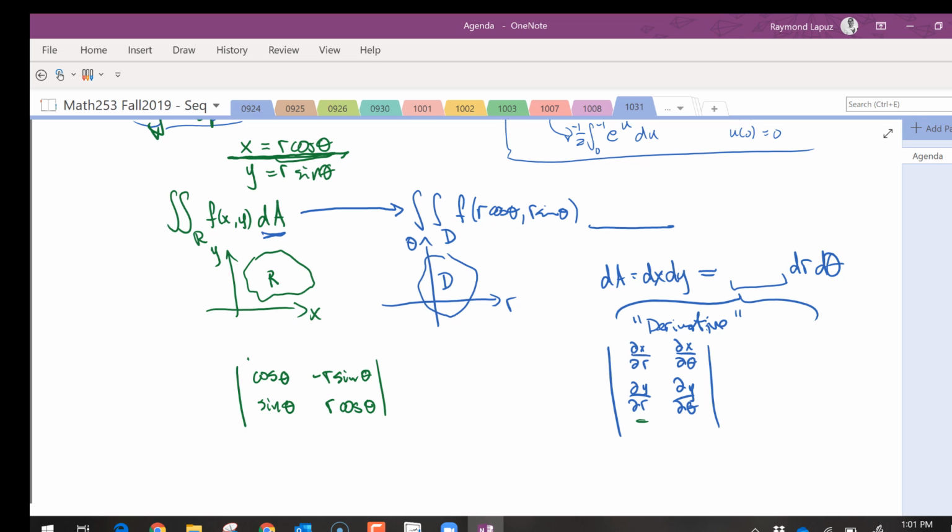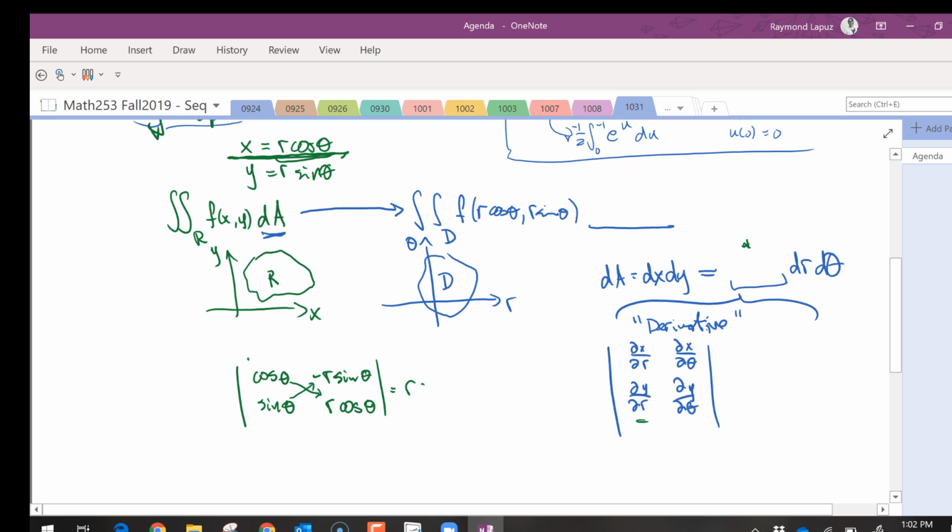We can represent that as a matrix. Now we want a scalar type thing to go into our Jacobian, into our differential, and so we would take the determinant to get the scalar out of this. Remember how to take the determinant? You multiply the diagonals and then you subtract the product of the wings. So what do we have?